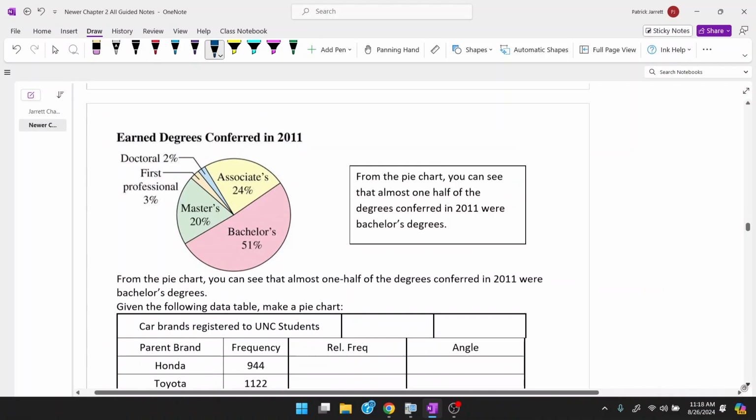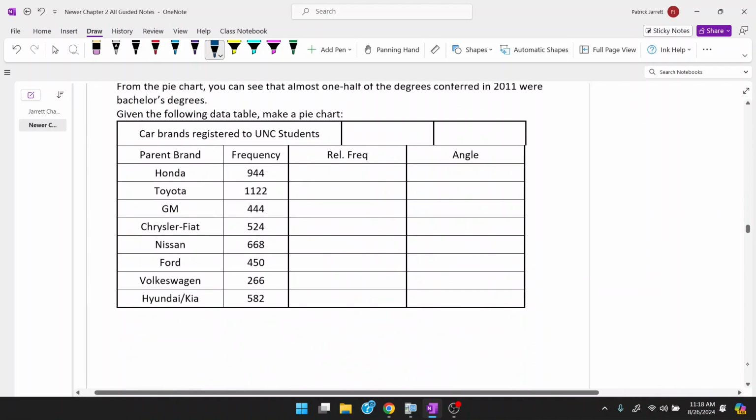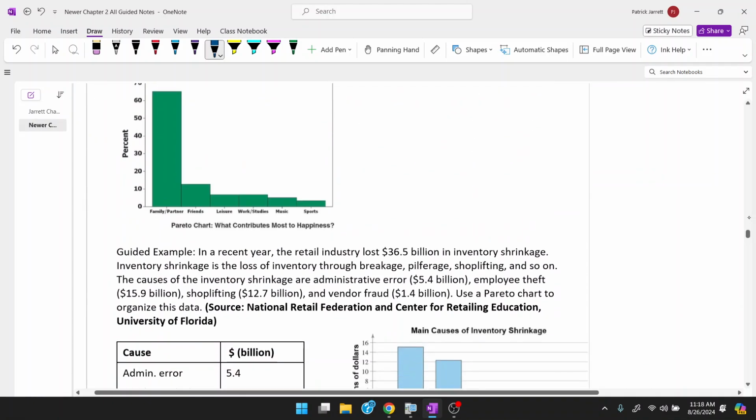All right, so we're going to make our own little pie chart here. These are car brands registered to UNC students. The first thing you need to do is find out the grand total. The grand total should be a nice, clean, easy number, and it's going to be 5,000.